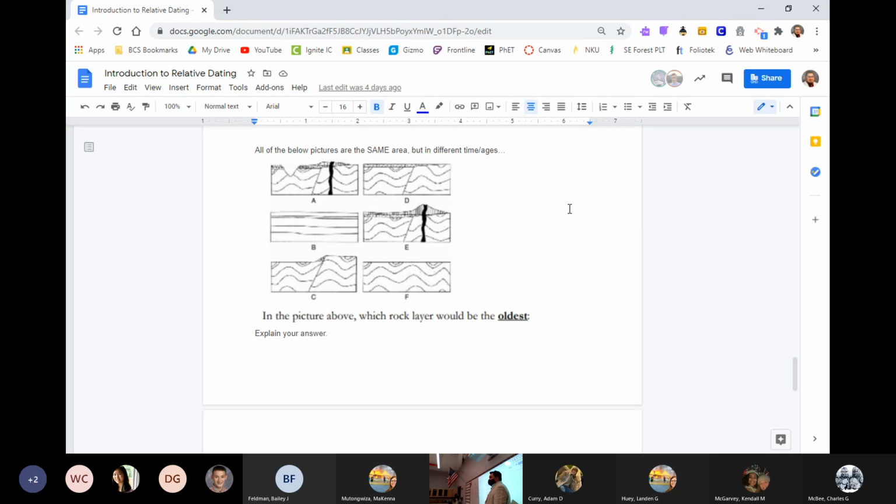No cut. So probably F, right? And then it got cut, and then it got melted, and all that good stuff. So you have a couple of really simple passage problems there. Just make sure you're thinking about the process. Make sure you can explain why A comes first and B comes second, etc.